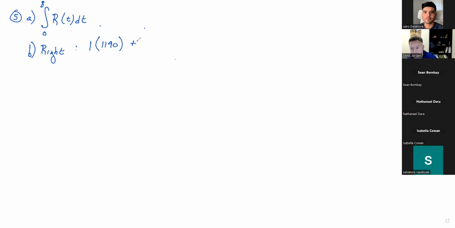Okay, so the rest of them are pretty similar. The next rectangle goes from 1 to 3, so that base would be 2, because that's the distance from 1 to 3. And then you're choosing the function value that is on the right, so that'd be the 950.